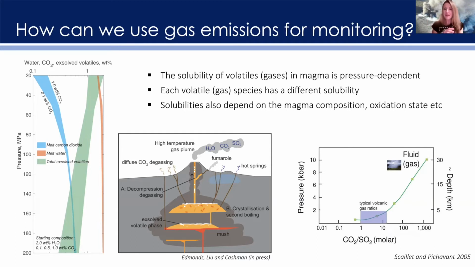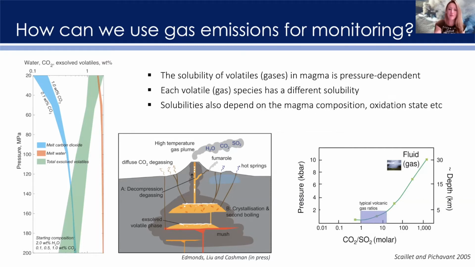So we can actually exploit these changes in solubility. We can model what we would expect to see at the surface for an ascending magma, and then we can compare to what we measure in the field. So we can start to think about, okay, at what pressure is our magma being stored at any one time? And crucially, is it rising?